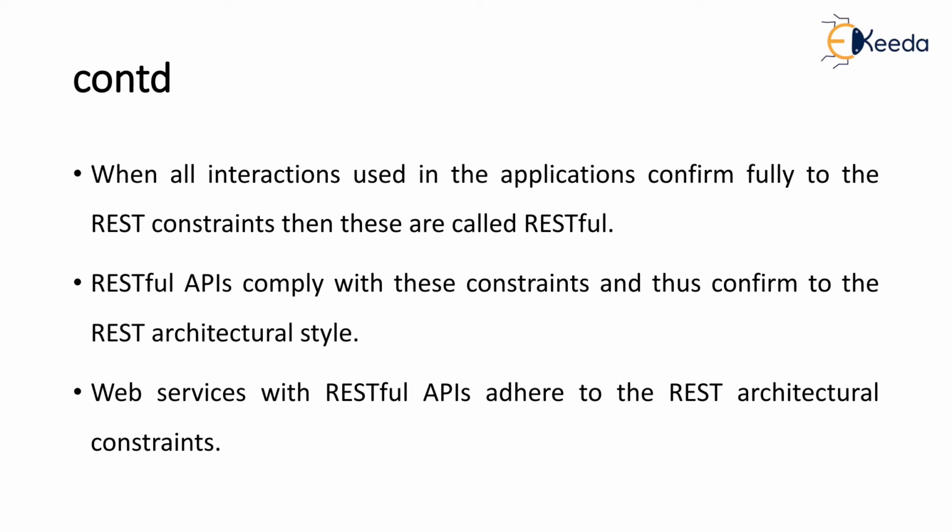REST architectural constraints are realized by applying specific interaction constraints to data elements, components and connectors. The constraints are: uniform interface, stateless, cacheable, client-server interaction, layered system, and code on demand.